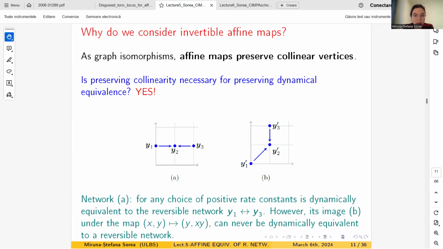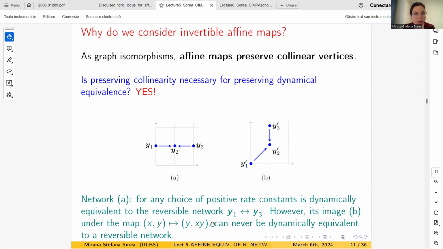So this right-hand side network is never dynamically equivalent to a reversible network. In other words, this map, x, y to y, xy, did not preserve dynamical equivalence of the networks.